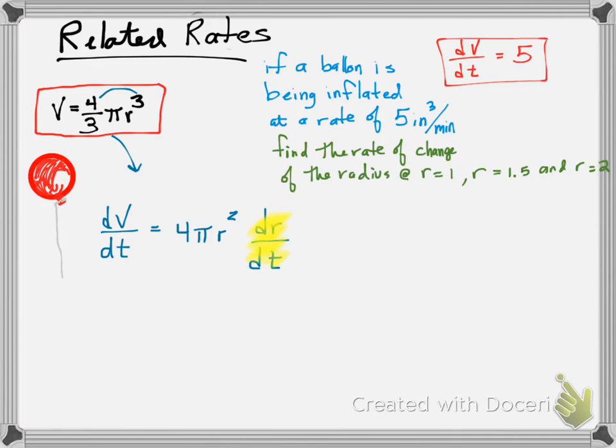So what we're going to do is solve for dr/dt, because that's going to give us the rate of change in reference to the radius. So the derivative of the radius with respect to t. All right, so we'll divide by 4 pi r squared.